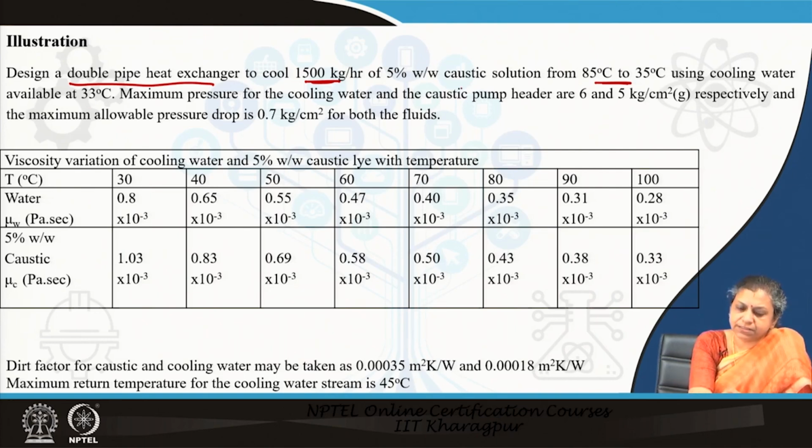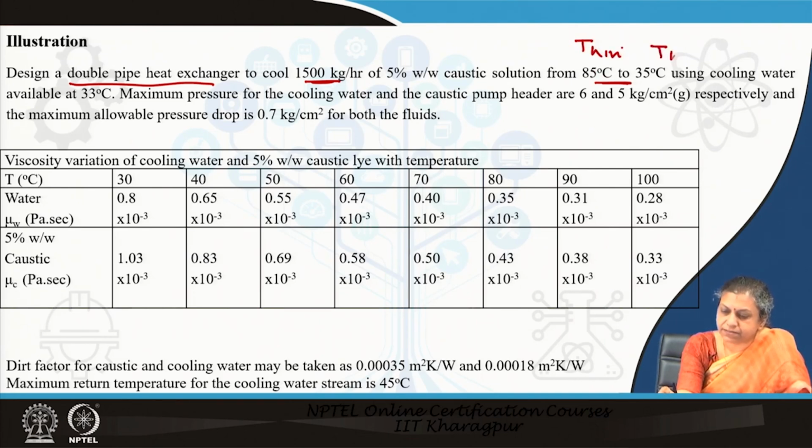So my main intention is I want to cool 1500 kg per hour of 5% weight per weight caustic solution from some particular inlet temperature. This is the Th in and this is the Th out, and I decide that for most such cooling purposes we use cooling water.